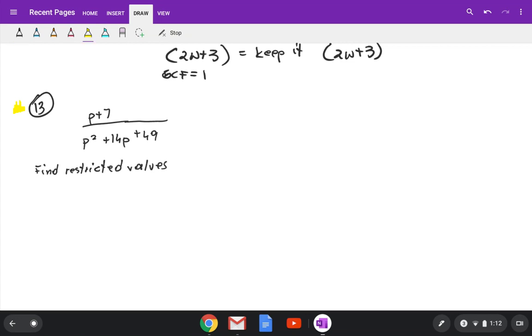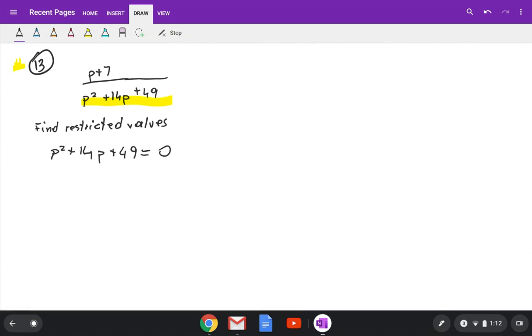So to find the restricted values, you take the denominator, which is p squared plus 14p plus 49, and you make it equal 0. Since this is quadratic, you need to factor. So I'm using AC method. A is equal 1, B is equal 14, C is equal 49.